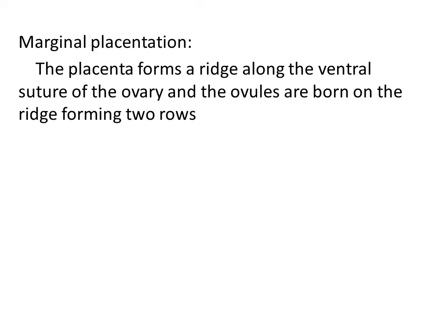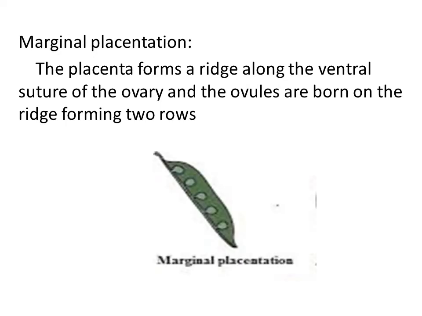The ovules are borne on the ridge, forming 2 rows. This kind of placentation can be seen in the pea plant. In the pea plant, the ovary shows the marginal placentation. You can observe in the diagram. This is the fruit of the pea flower. In the fruit we can see the seeds are attached to the marginal region.